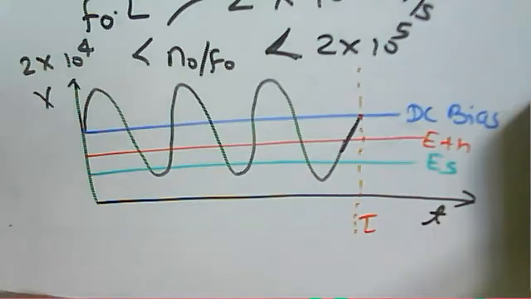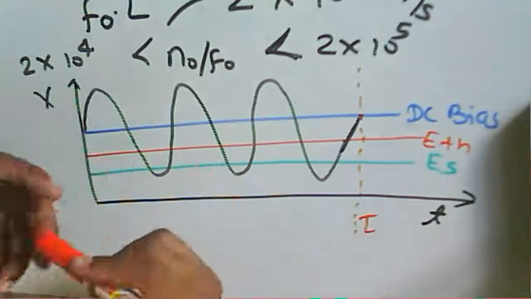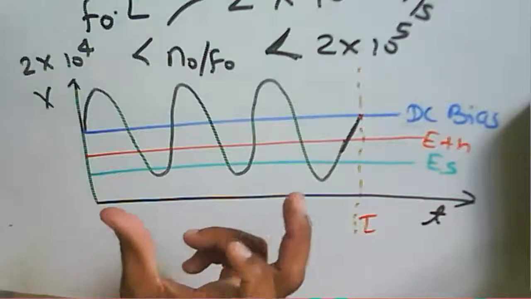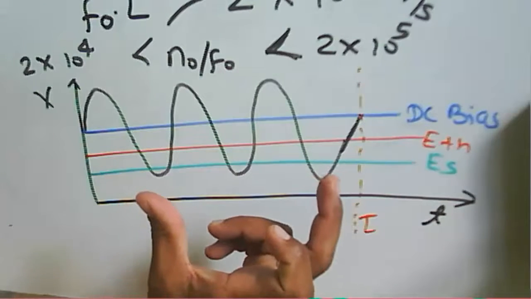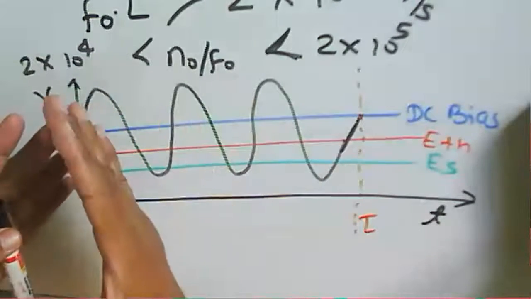So the Gunn diode in the LSA mode of operation is called the LSA diode, and it is very sensitive to domain growth and domain fluctuation.